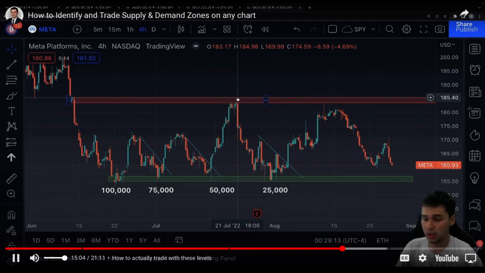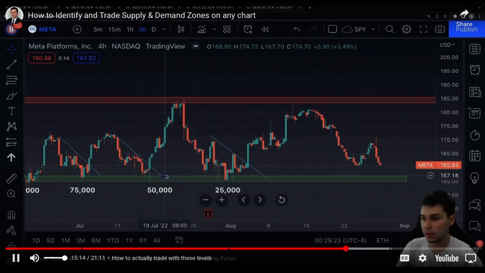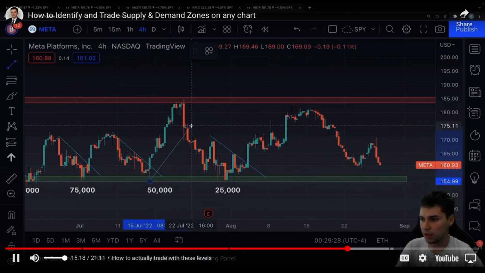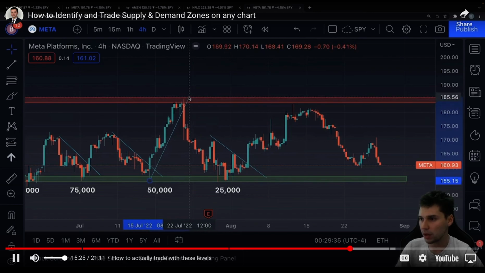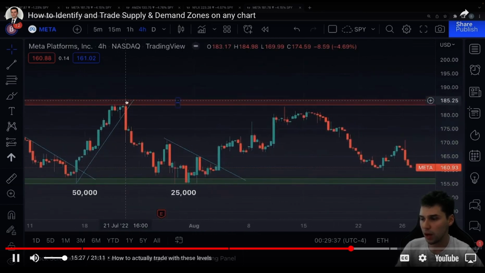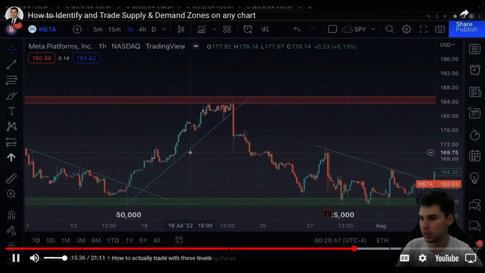Now, let's just say you were worried about taking this supply zone rejection, okay? What you could have done, the same thing we did on the long side when taking the bounce off demand, is notice that we had a very well-defined trend to the upside. This little trend line to the upside, we could have waited for the stock to reject off of it and break below this trend line, as an area where momentum to the downside might be increasing, confirming the move to the downside.